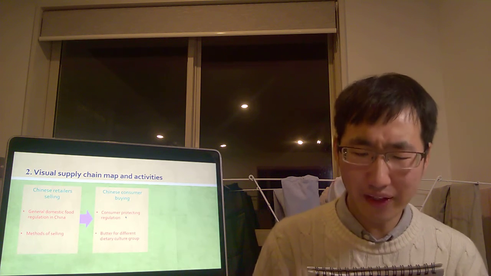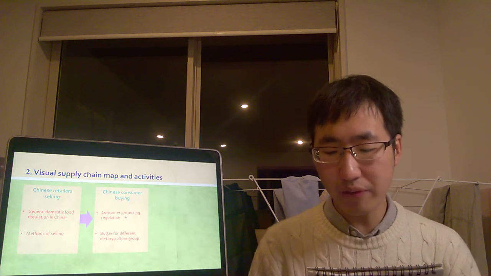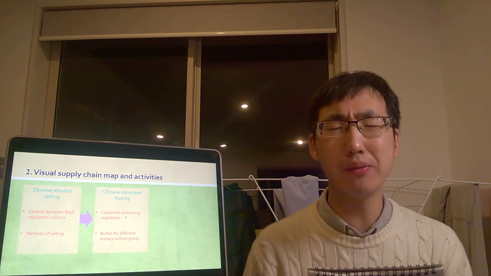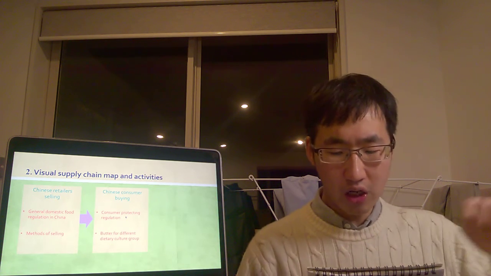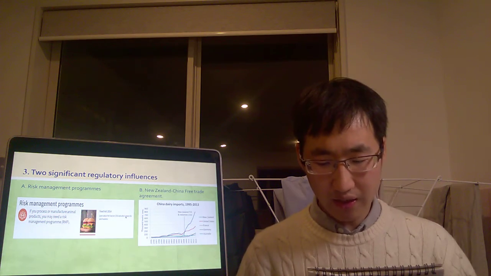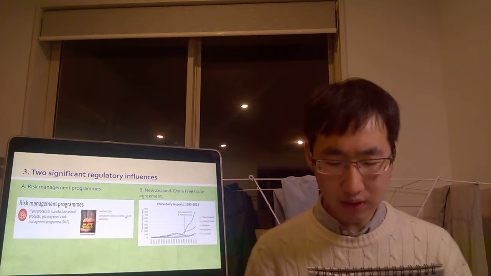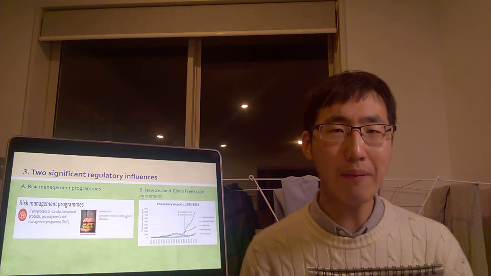So, for the two significant regulatory influences, the first I chose is the influence from the RMP. The full name is Risk Management Program. Risk Management Program is a regulation designed to manage the hazards and the labeling of animal materials and products. Hazards may include biological, chemical, and physical.